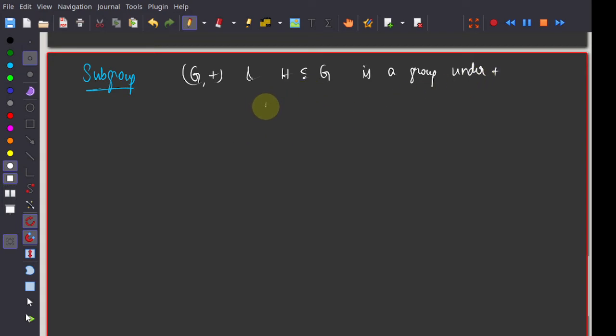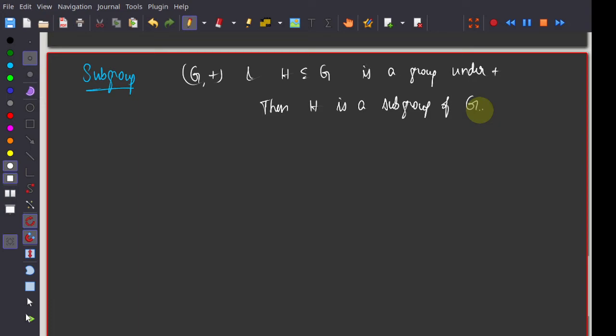Then we say that H is a subgroup of G. So for example, we look at the set of all invertible matrices and say the set of all rotation matrices, the set of all orthogonal matrices, then this forms a subgroup of the set of all invertible matrices.